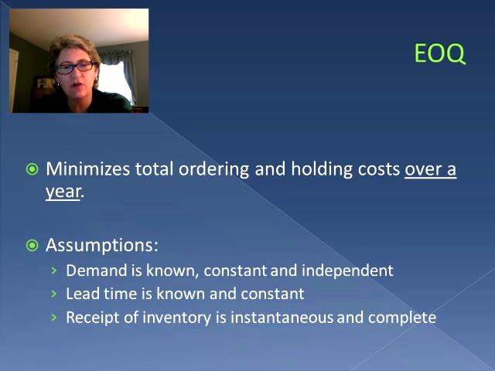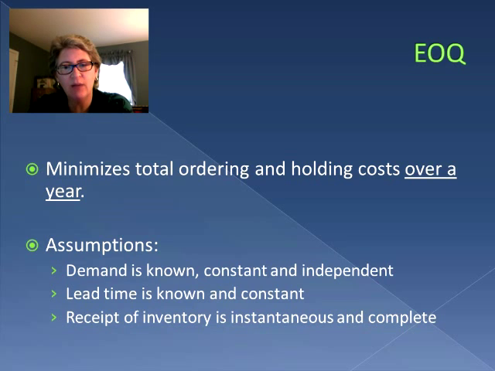We use certain assumptions. They are not very realistic, but they are a way to give us a starting point. So those assumptions include that the demand is known and constant, which means we never have fluctuations. We know exactly how much we are going to be using at any given time.